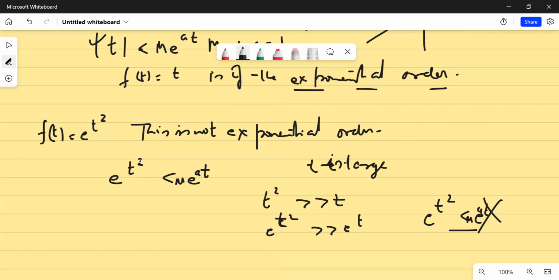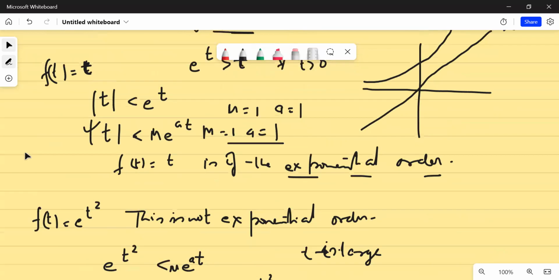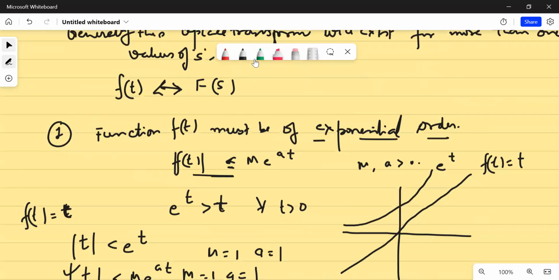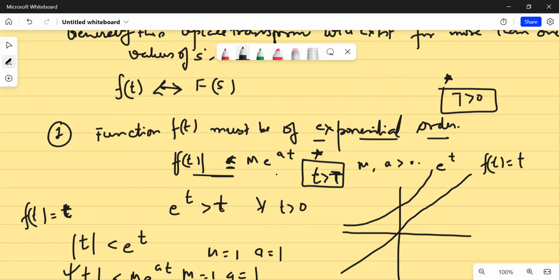Are you getting my point? So for a function to be of exponential order, you should have this kind of inequality for some T. There should exist some capital T such that for all t greater than T, |f(t)| is less than or equal to M e^(at).